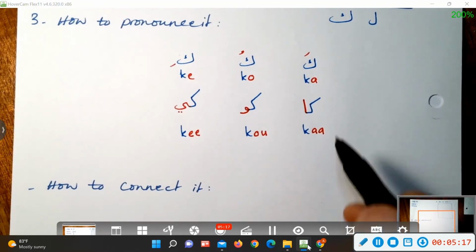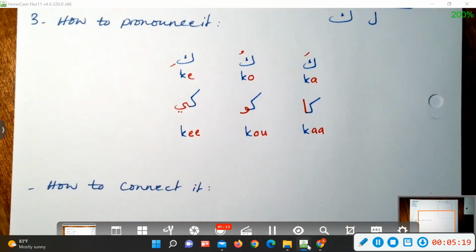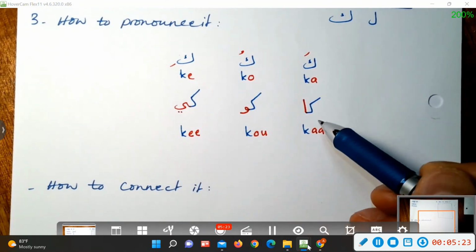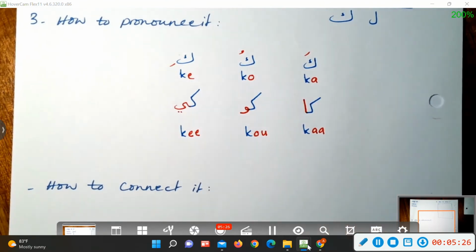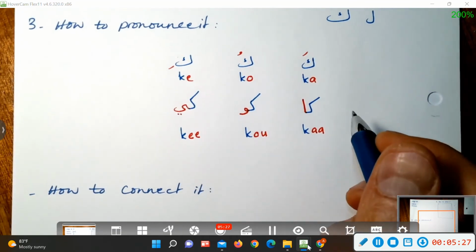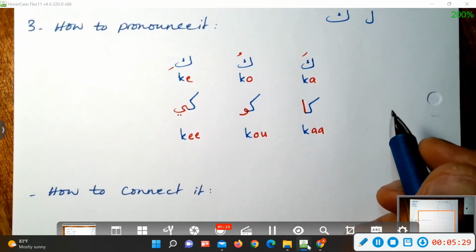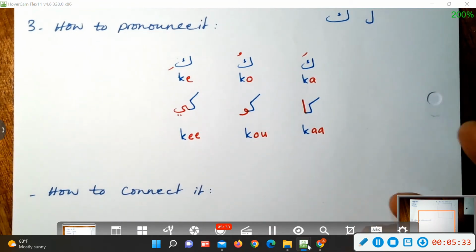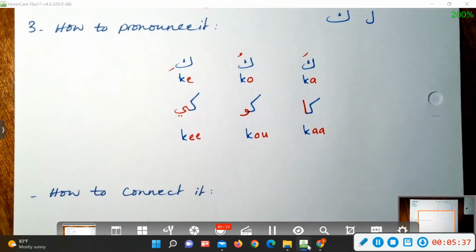So sometimes students say, how am I going to remember that one letter has 2 shapes? I mean, the Arabic alphabet is somehow very dynamic. It changes shape based on where you draw the letter, at the beginning of the word, at the middle, or at the end.